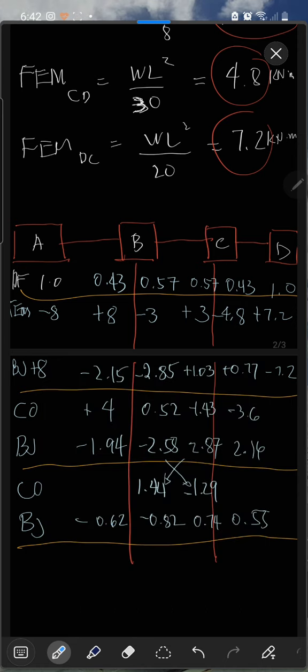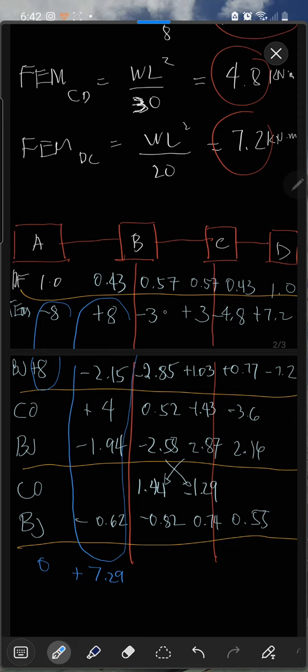Okay, so summing up, 8 plus negative 8, 0. Then 8, then this one, add nimo pila, 8 minus 2.15 plus 4 minus 1.94 minus 0.62. So 7.29 positive.